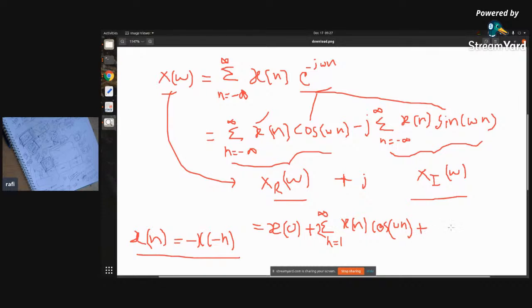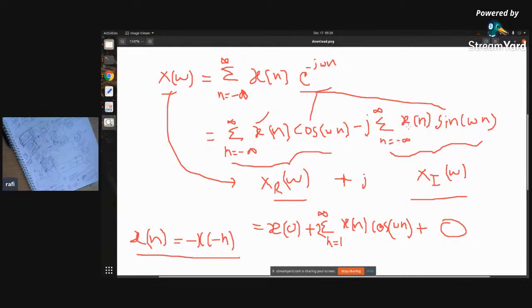And this imaginary part will be 0. Why is it 0? x of minus n is equal to minus x of n. Since the negative sign is there, for all positive indices the negative sign will be there.